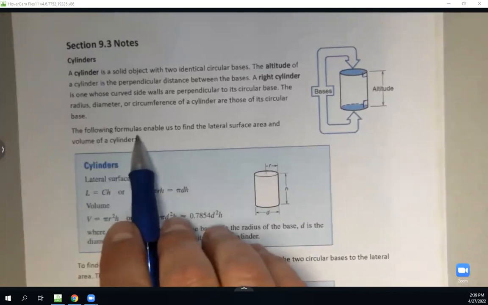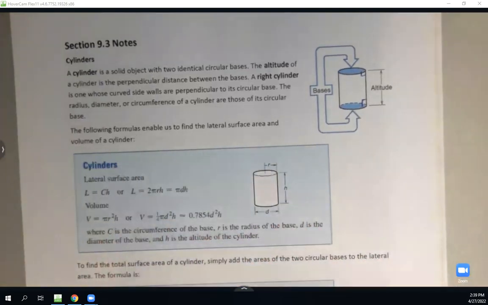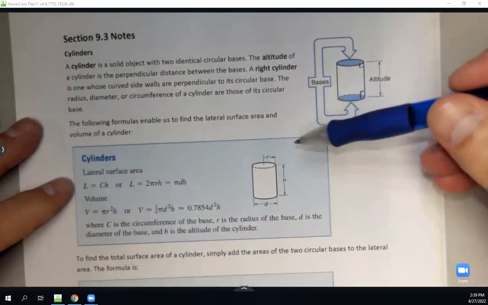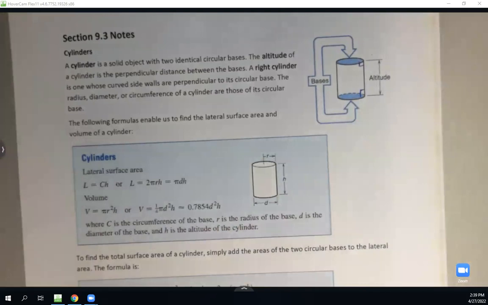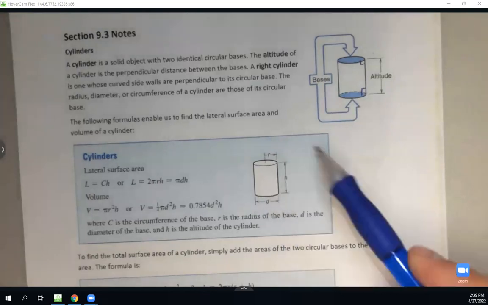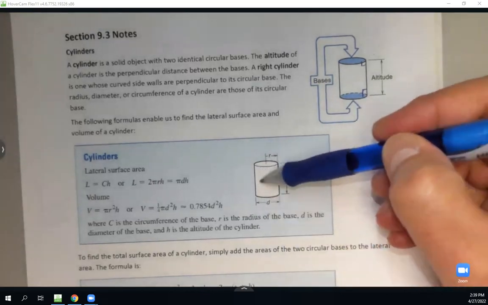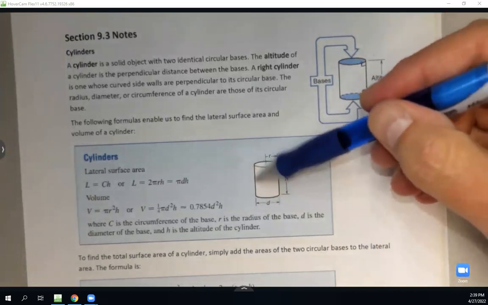So the following formulas enable us to find the lateral surface area and the volume of a cylinder. We could also find the total surface area. So the lateral surface area of the cylinder is like the lateral surface area of a prism. It's going to be the area around the sides, not counting the top and the bottom.